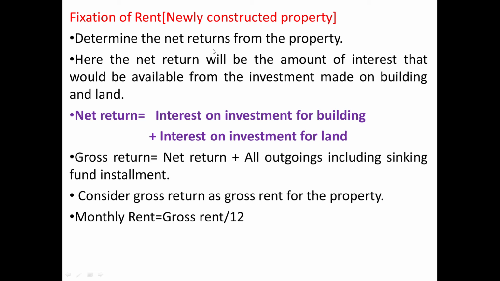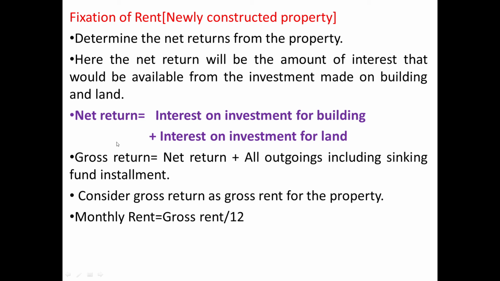So here we determine the net returns from the property, and the net return will be the amount of interest that will be available from the investment made on building and land. So the net return will be considered equal to interest on the investment done for construction of the building, and then interest on the investment done for the purchase of land.